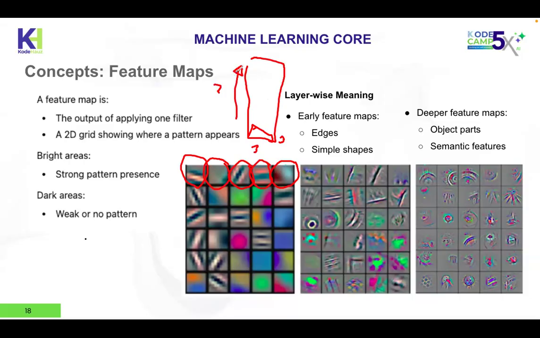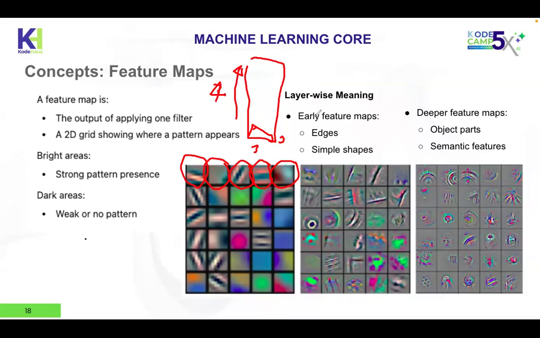By the way, the depth of the kernel depends on the inputs. If the depth of the input is 4, for example RGBA from images, then this kernel will also be 4. But the number of kernels determines the number of features you want to extract.